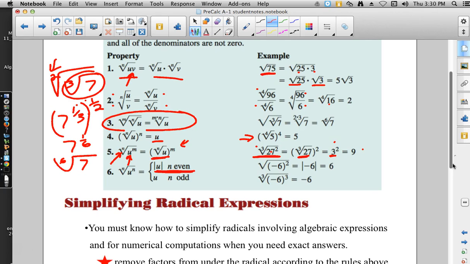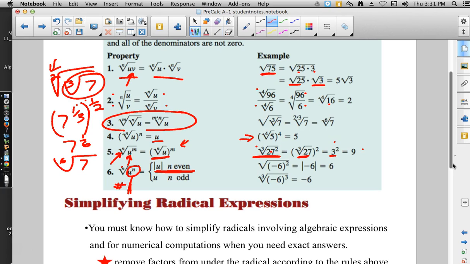If we follow the order of operations, parentheses, radicals, those are grouping symbols. So in this situation, the first step would be right here. That is step number 1. You would have to raise u to that power first. Then take the nth root. And if you do that, you will end up with a positive u value.